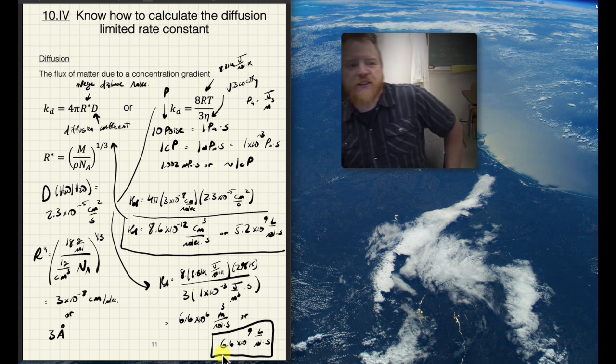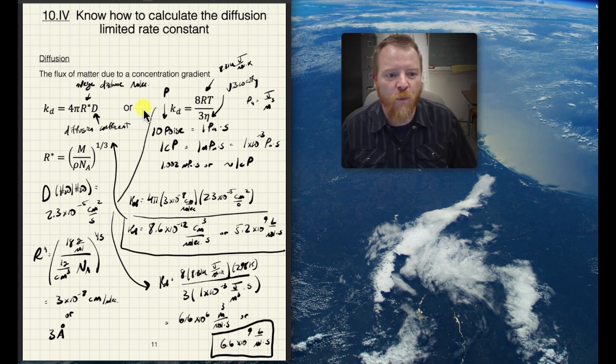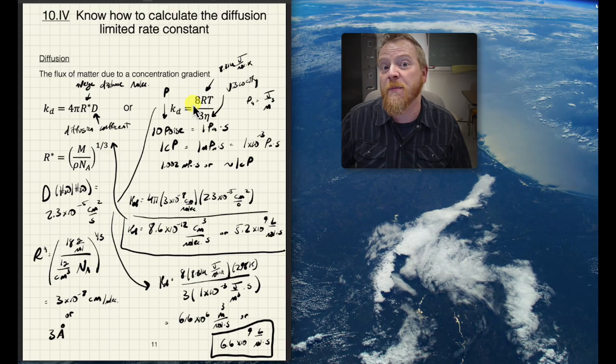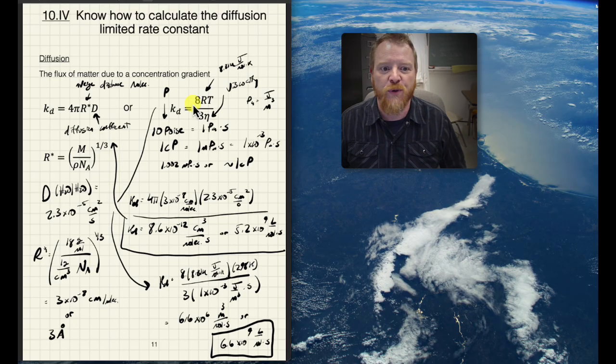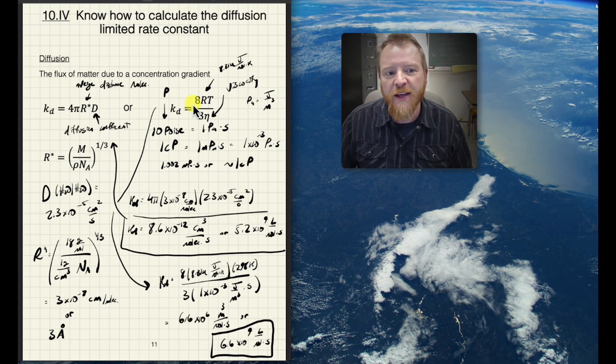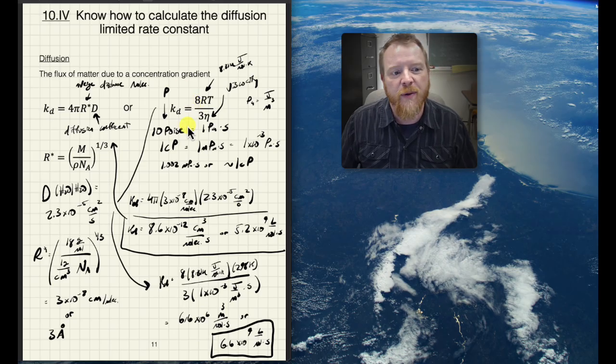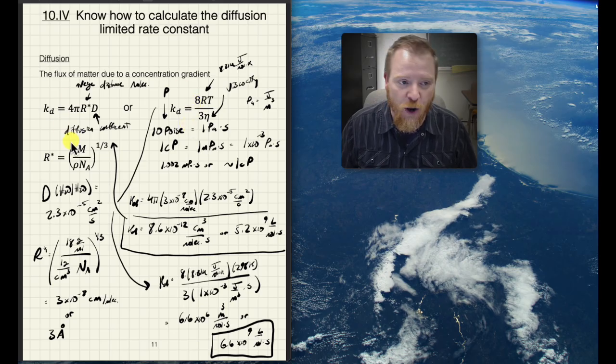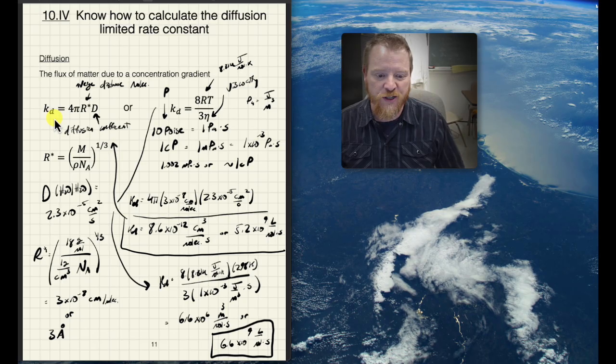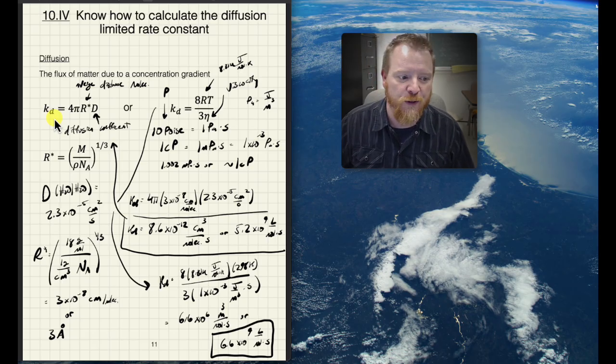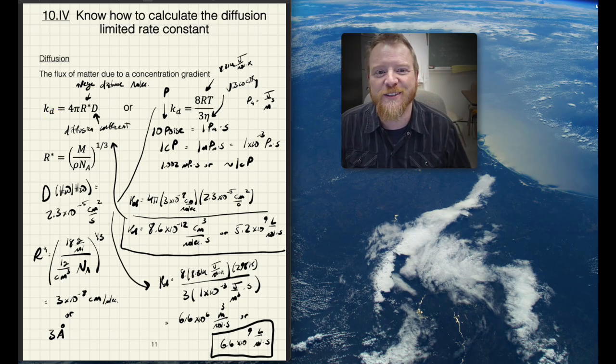So we would really just pick which calculation based on which type of data we had, right? If we only had data on the viscosity, then we'd want to use this equation. But if we only had data on the diffusion coefficient, then we'd use this equation. Both give pretty similar results. Okay, folks, I'll see you in the next video.